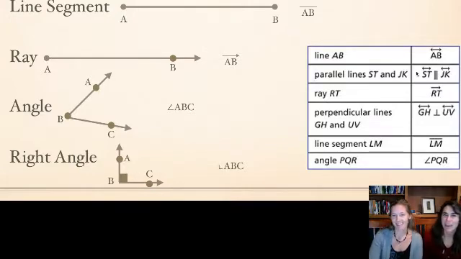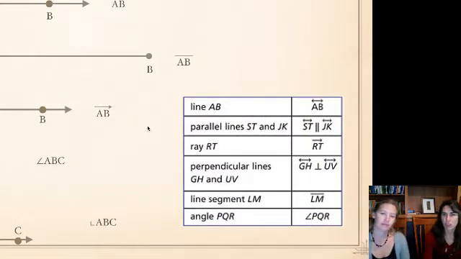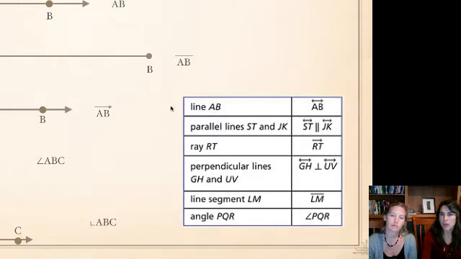Nice. One other section that we wanted to talk to you about is this little chart over here. We talked a lot about the line, ray, line segment, and angle. Just to make sure you understand, parallel lines, if we saw a symbol in between our lines here, this just means that they're parallel. They won't ever touch.